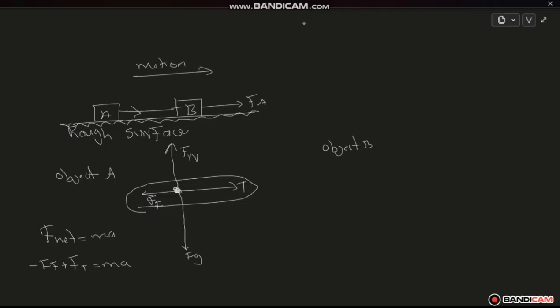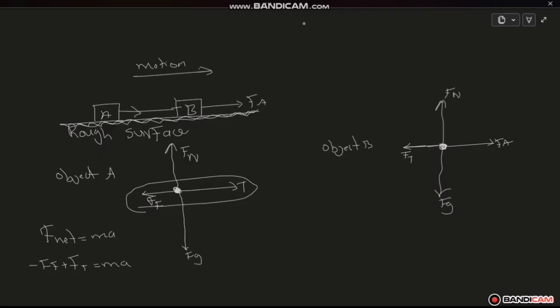So for object B, you start by drawing the free body diagram. So we have force of gravity, or gravitational force, or even weight. We do have FA, and we do have FN, and the surface is also rough for object B. We'll show FF.